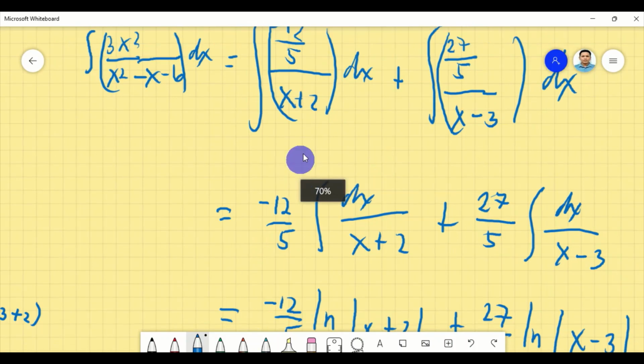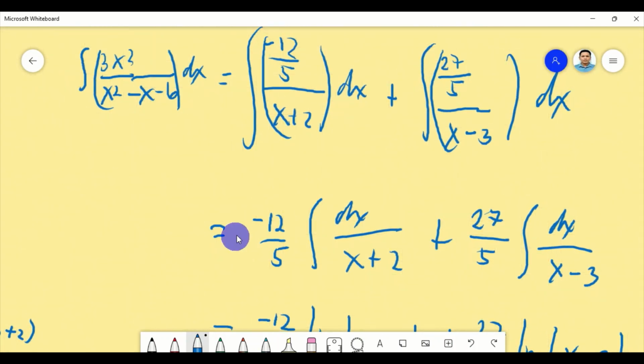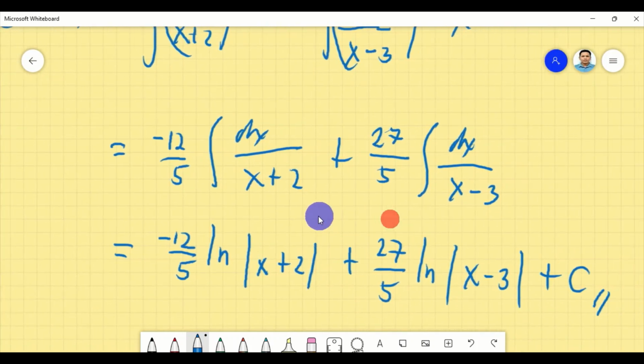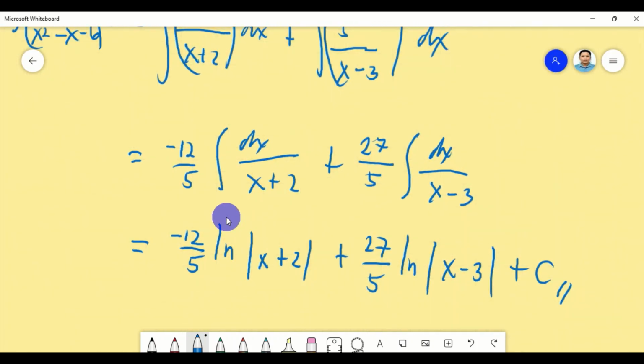So in that case, we can now factor out the constants. So you have negative 12 over 5 times the integral of dx over x plus 2 plus 27 over 5 times the integral of dx over x minus 3. So the usual process in getting the integral of these functions is that you need to apply the substitution method.